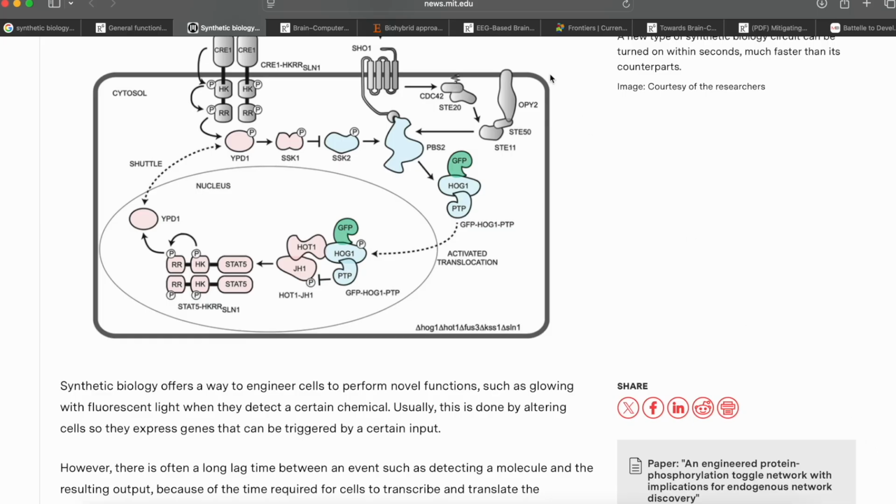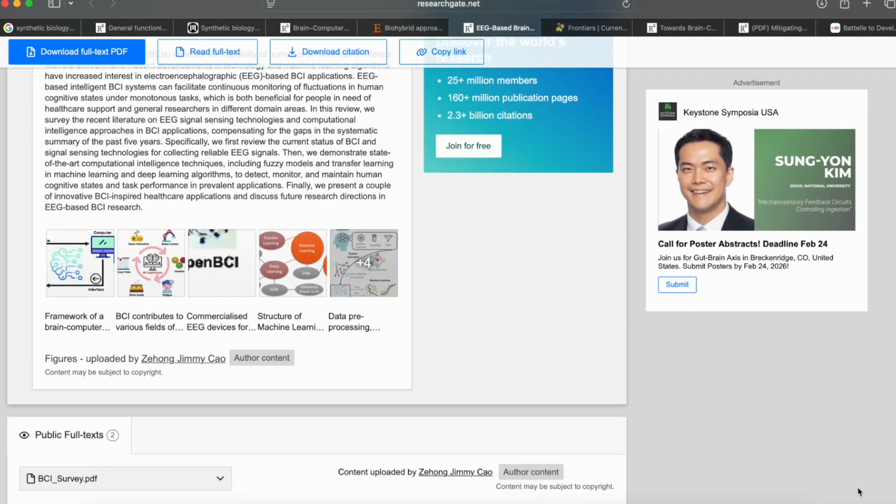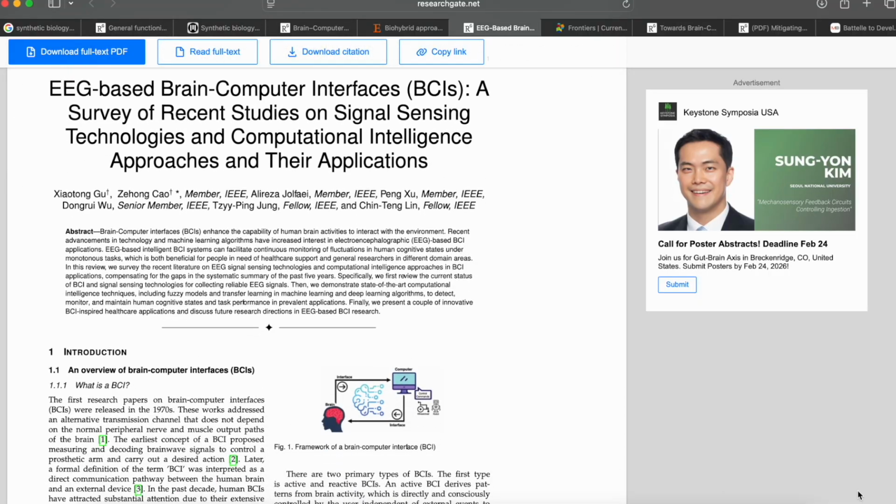But for now, let's go over here to ResearchGate. EEG-based brain-computer interfaces, BCIs: a survey of recent studies on signal sensing technologies and computational intelligence approaches and their applications. The first research papers on brain-computer interfaces, BCIs, were released in the 1970s.